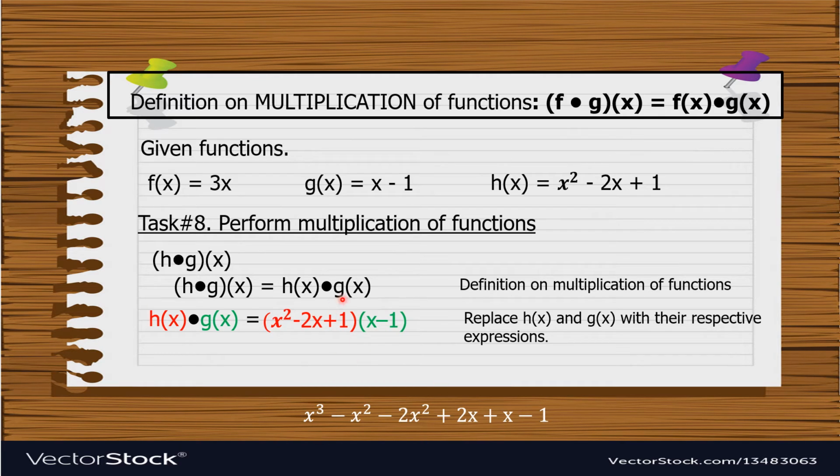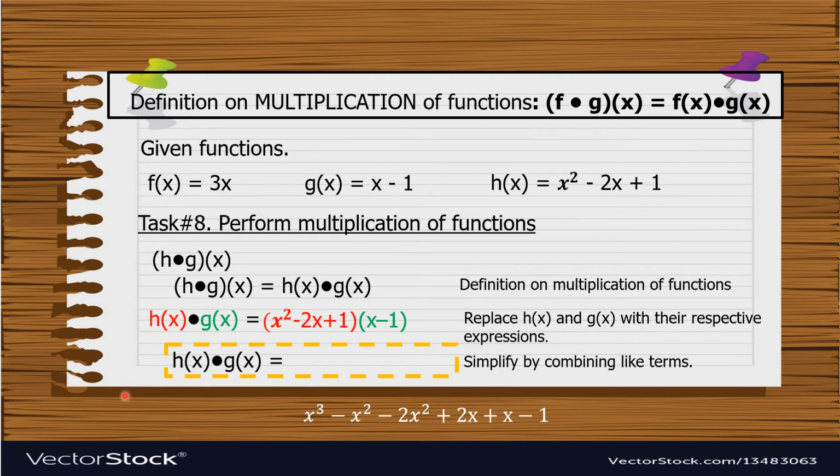Positive 1 multiplied by x is positive x, and positive 1 multiplied by negative 1 is negative 1. For our final answer, simplify by combining like terms. H of x multiplied by g of x equals x cubed minus 3x squared plus 3x minus 1.